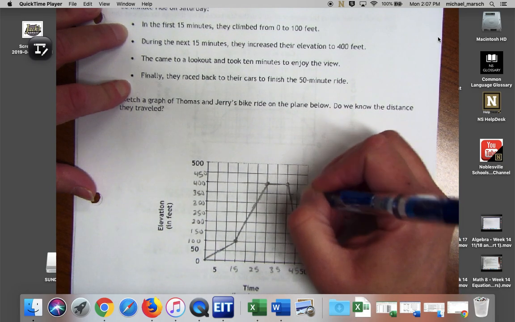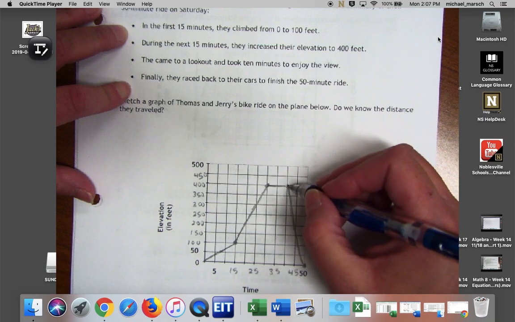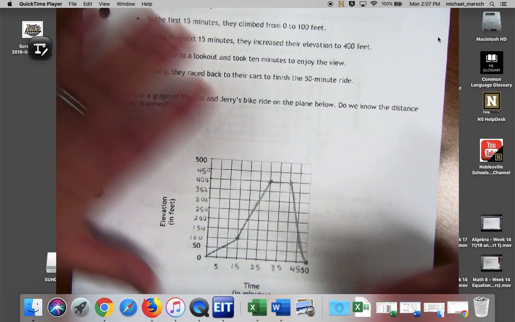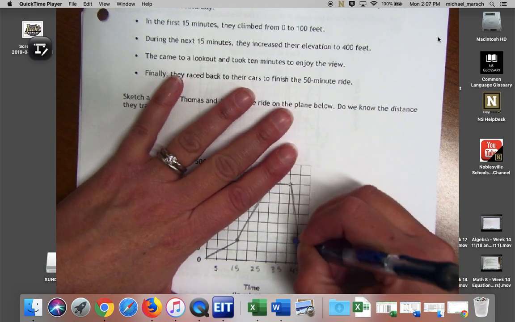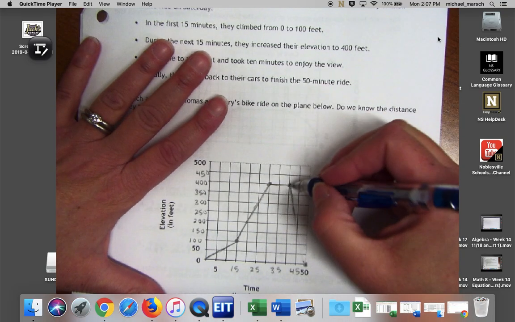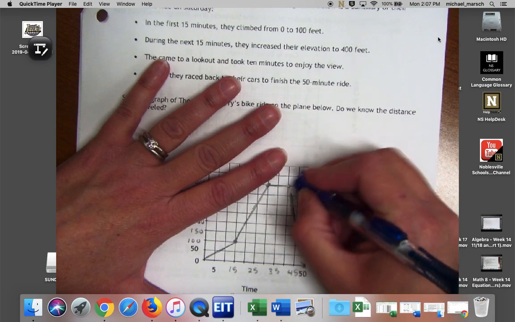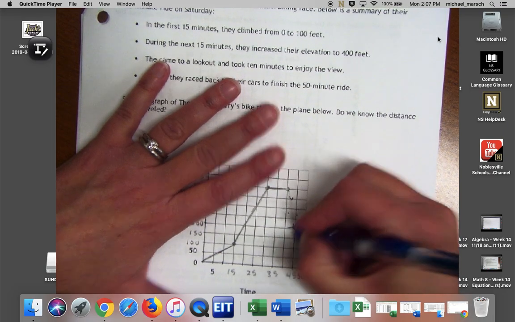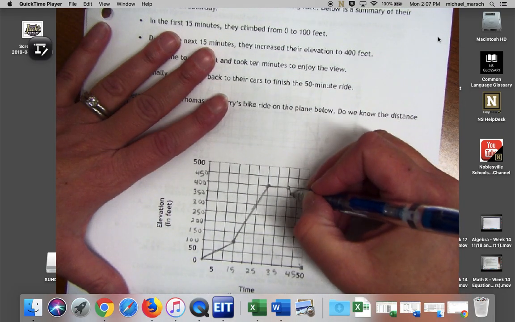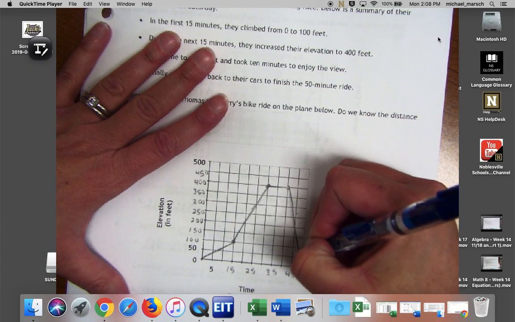And they just raced down, which you can go faster when you're going down a hill as opposed to up a hill. This graph looks a lot like the other graph that we just did.